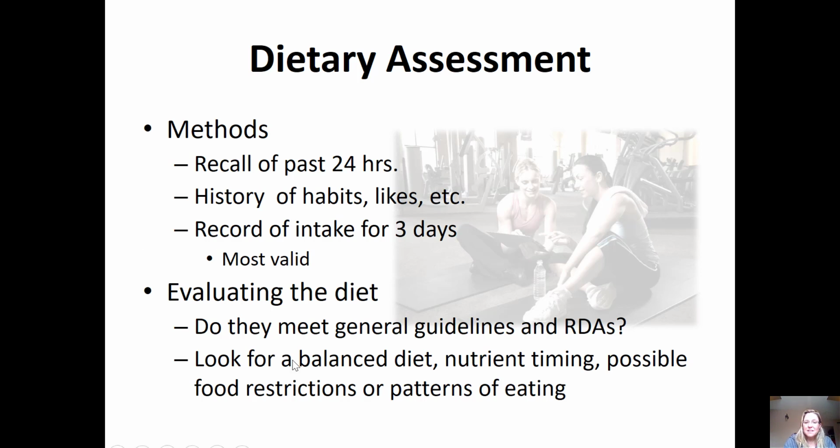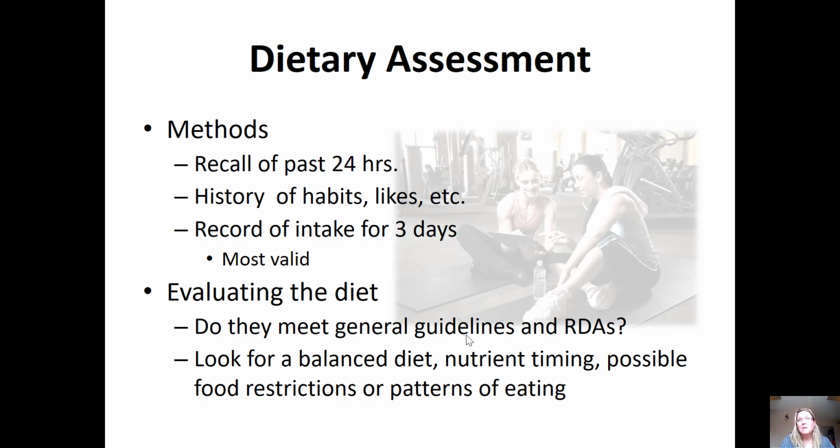Things you're looking at: are they meeting the general guidelines? What are the RDAs for all your vitamins, minerals, and essential nutrients, and are they meeting those RDAs? That's information you can share with your client. We're looking to see if their diet is balanced across the 5 food groups. Are they getting what they need from each of those 5 food groups?